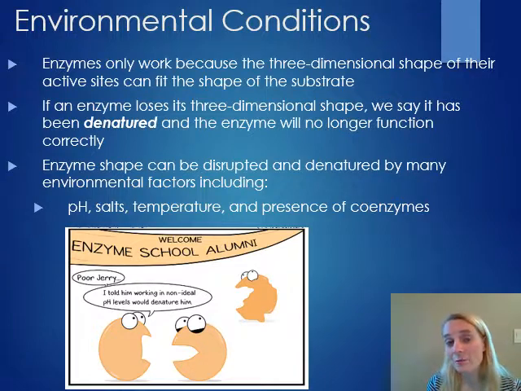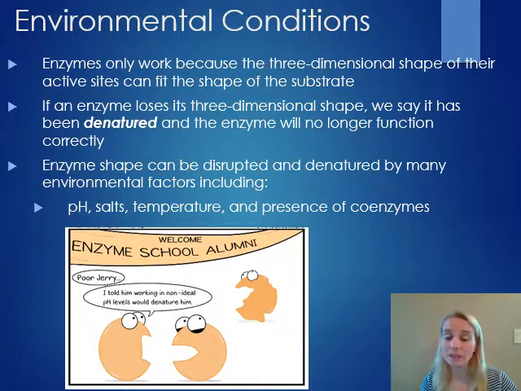But you may have remembered from our chapter 3 when we were talking about proteins, and when they get exposed to certain conditions, that three-dimensional shape can get destroyed, and that's what we call denaturing. Because enzymes are proteins, they are susceptible to those same environmental changes. So most enzymes have a very narrow range, what we call the optimal conditions for that enzyme to do its job.